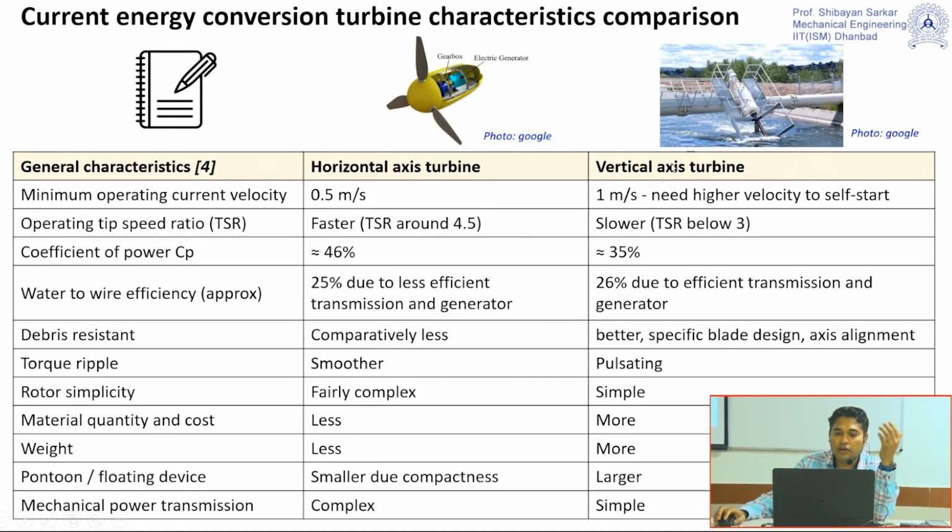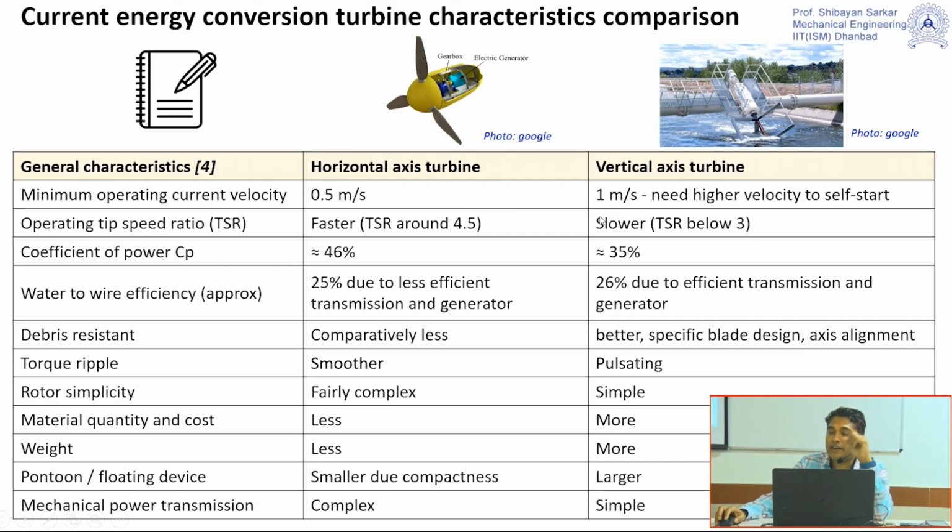So before going into that, we want to tell you another classification, a comparison between horizontal axis turbine and vertical axis turbine, mostly on the hydrokinetic. So for the horizontal axis turbine, in order to start it, approximately 0.5 meter per second velocity is sufficient. That means a lesser amount of velocity is sufficient to run the horizontal axis turbine.